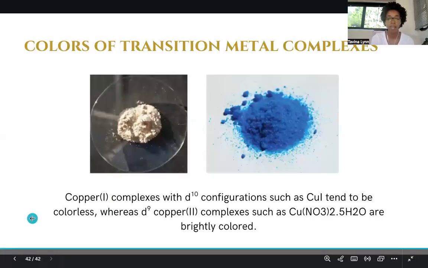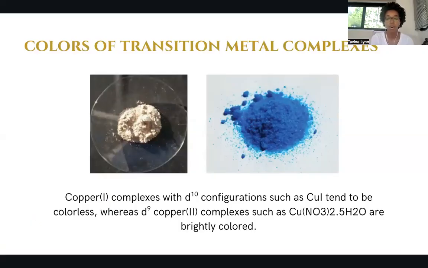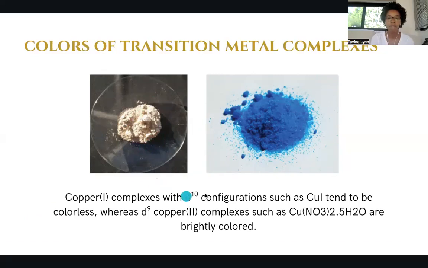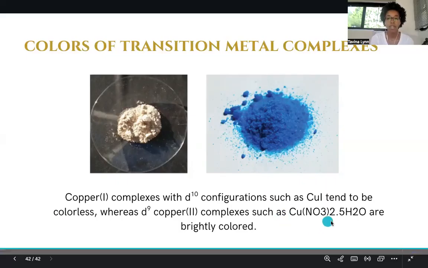Now this last example, these are two examples of copper complexes. On the left, we have a copper(I) complex that has a fully filled d orbital, right? D10 configuration. And then this copper complex on the right is complexed with nitrate as well as water ligands.